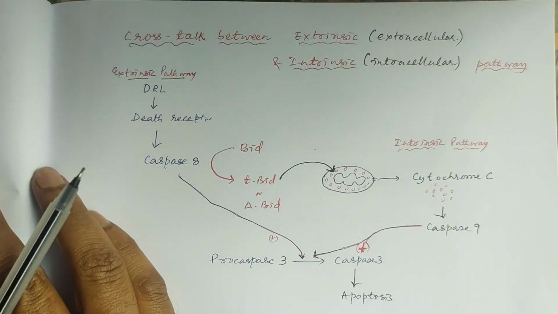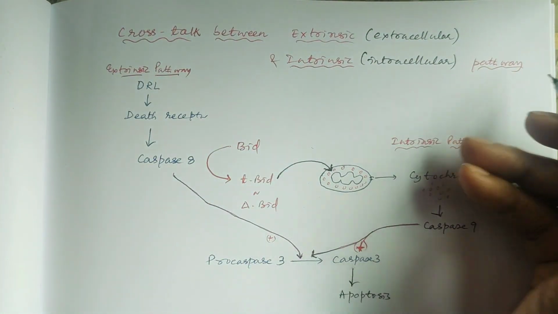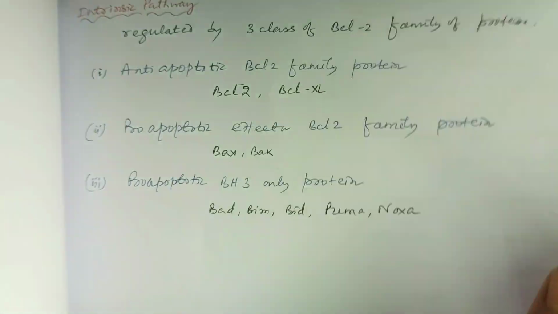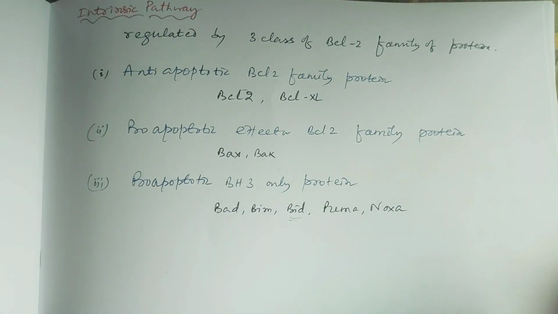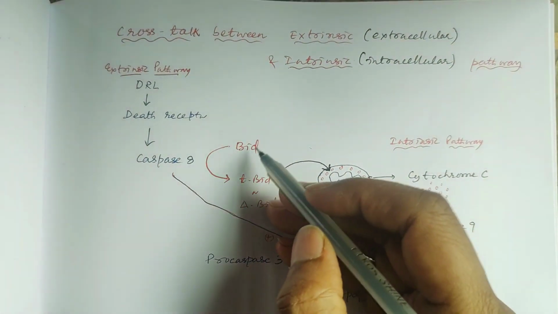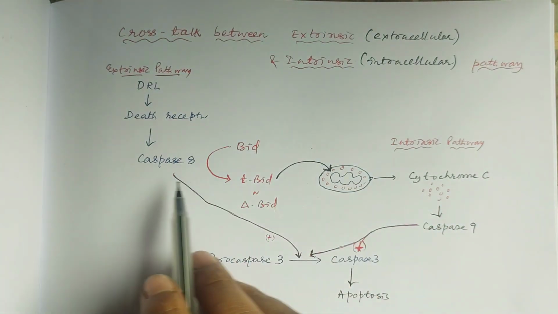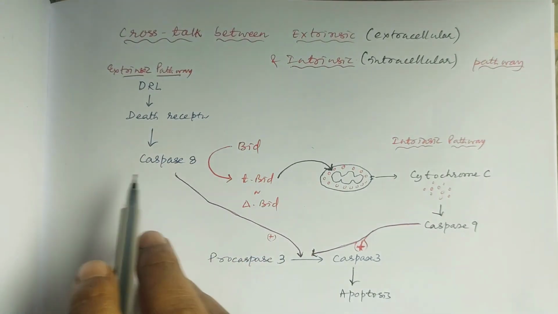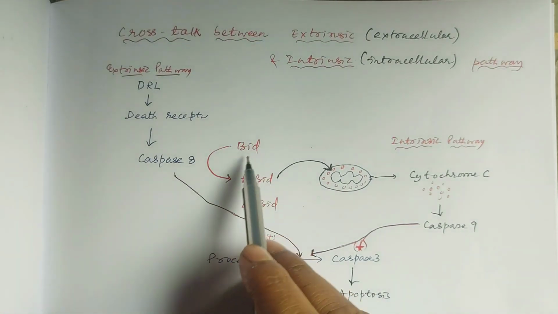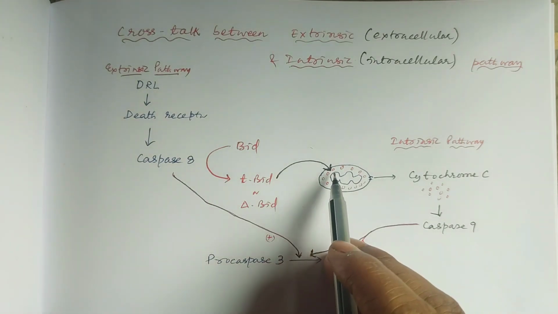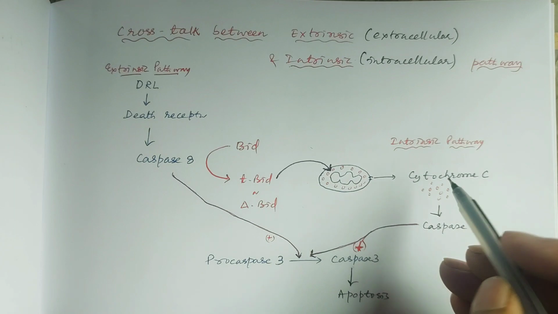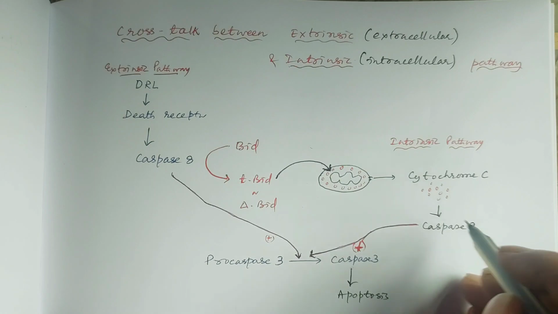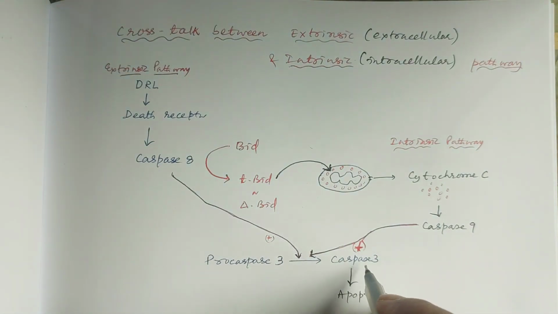The crosstalk between the extrinsic and intrinsic pathways involves the second group of pro-apoptotic BH3-only protein, BID. This BID is converted to tBID by caspase-8. In the extrinsic pathway, caspase-8 activates BID to tBID, and this tBID, like BAK, can enter the mitochondria and cause release of cytochrome C, which will form the apoptosome, and there will be formation of caspase-9, and ultimately caspase-3.